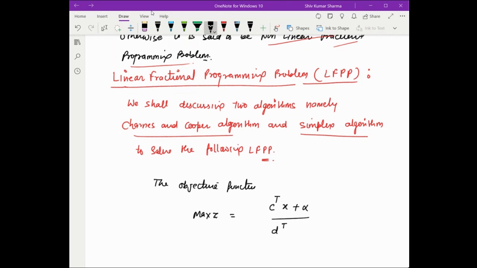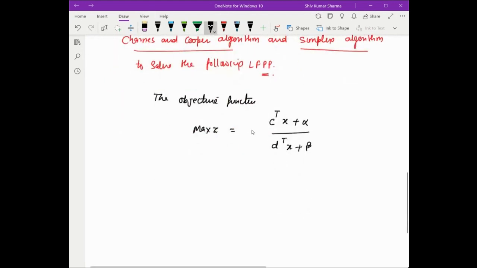This is the objective function, subject to constraints in this form: Ax less than or equal to b, and all the variables are greater than or equal to 0. This is equation number 1.